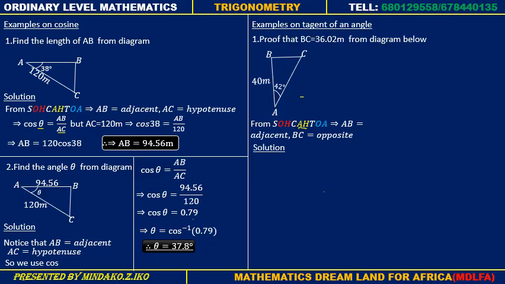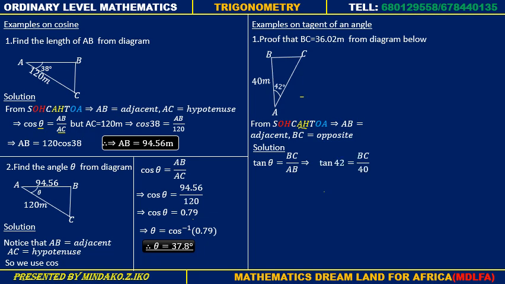Actually, I made a mistake when I was typing. It was supposed to say solution before the SOHCAHTOA; that is a mistake from when I was animating. Now the solution: tan theta equals BC over AB, since tan is opposite over adjacent, and AB is 40 meters and the angle given is 42 degrees.